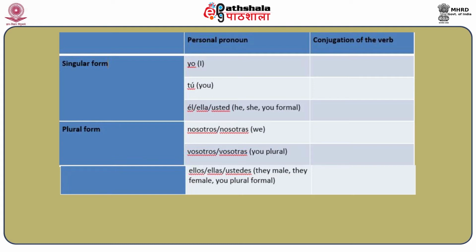So as you can see here, the first column is of personal pronouns, that is subject pronouns, and in Spanish the personal pronouns are: for I it is yo, for you it is tú, for he it is él, for she it is ella, and for you formal it is usted, for we it is nosotros or nosotras, for you all or you plural it is vosotros or vosotras, and for they it is ellos or ellas, and for you all formal it is ustedes.